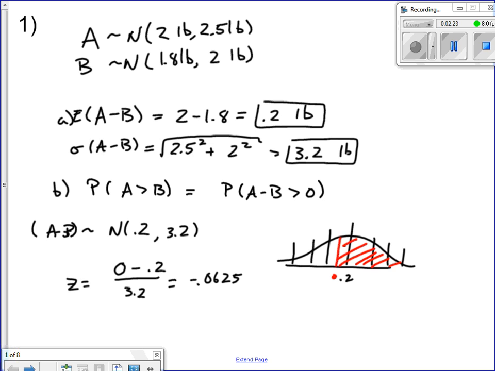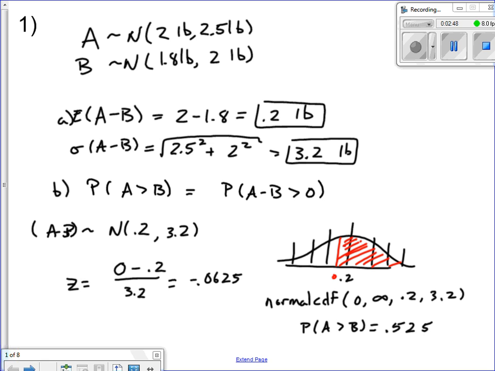So we should be looking at something just over 50%. Since this is a normal curve, we can use normal CDF. And so the lower bound is 0, the upper bound is infinity, mean of 0.2, standard deviation of 3.2. And so the probability that A was bigger than B should be about 0.525.